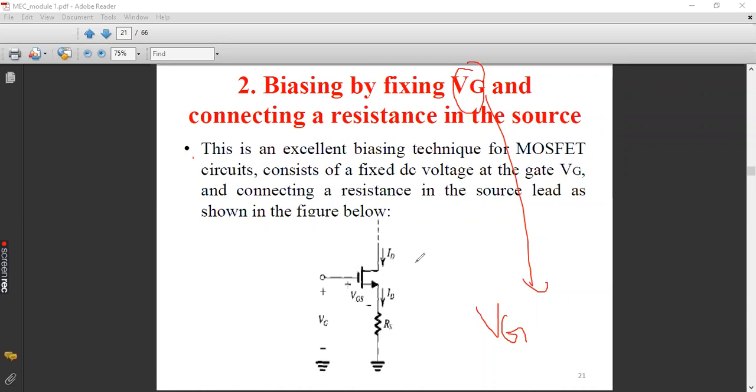That is the difference. So in the second technique, we are connecting a resistance in the source lead as shown in the figure. Apart from that, we are using a fixed DC voltage at the gate, VG. Please draw the circuit diagram.